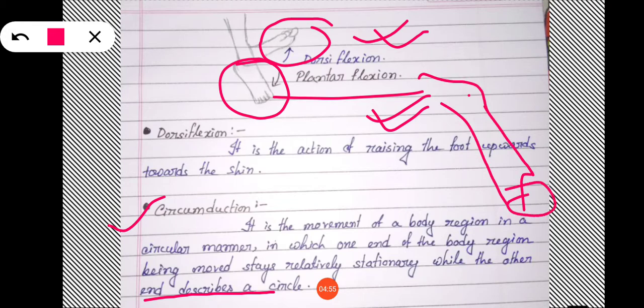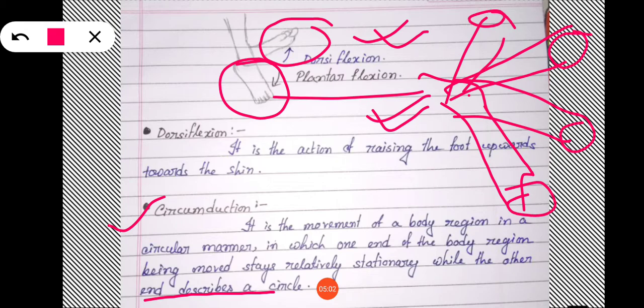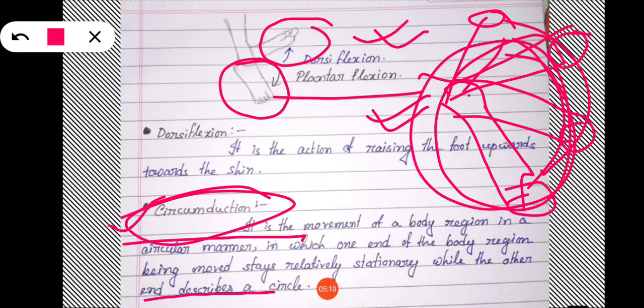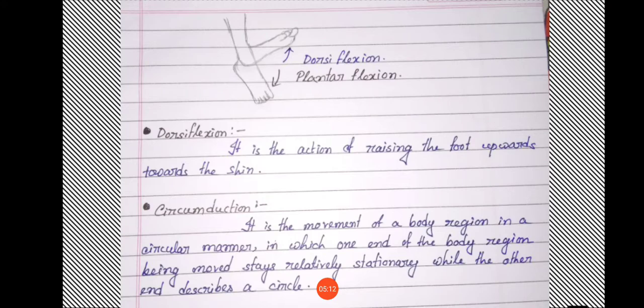If the hand moves in this direction, this direction, all these movements are called in one word circumduction. That is usually a circular movement. I think through these notes and images you will understand this very well, and this will help in your examination.